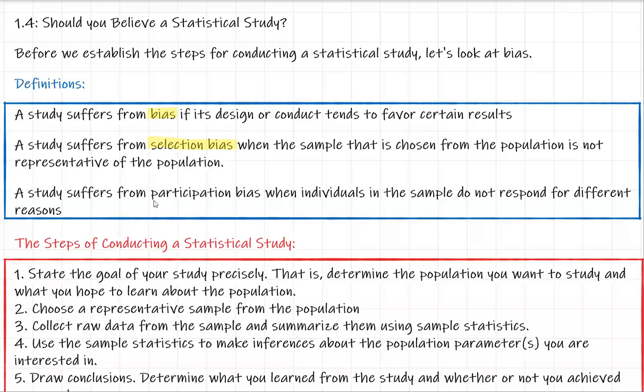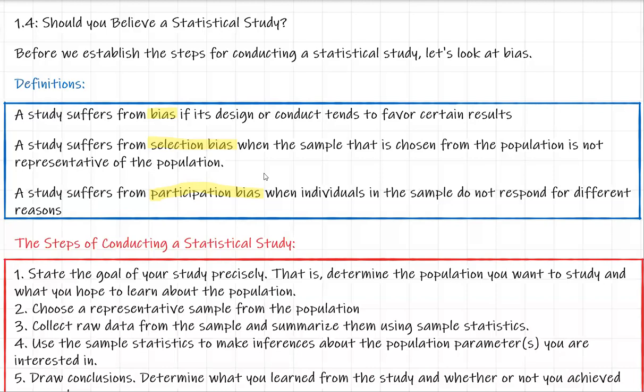And then the last one is that a study suffers from participation bias when individuals in the sample do not respond, for different reasons. You see participation bias a lot when you have voluntary surveys. So when you pass out a survey in class and only 20 out of the 30 students respond, that is participation bias. It's when people have the choice to participate in the survey, and you're not necessarily forcing people to respond.